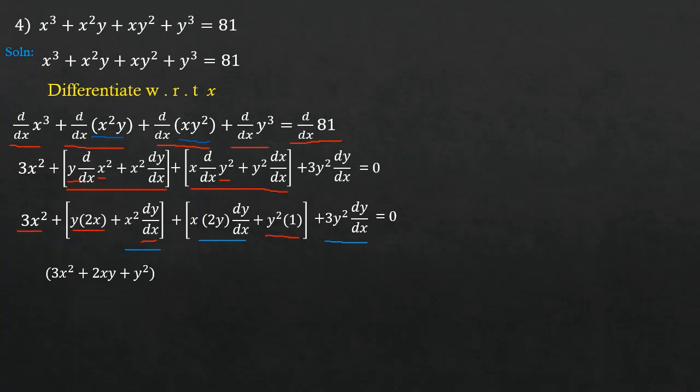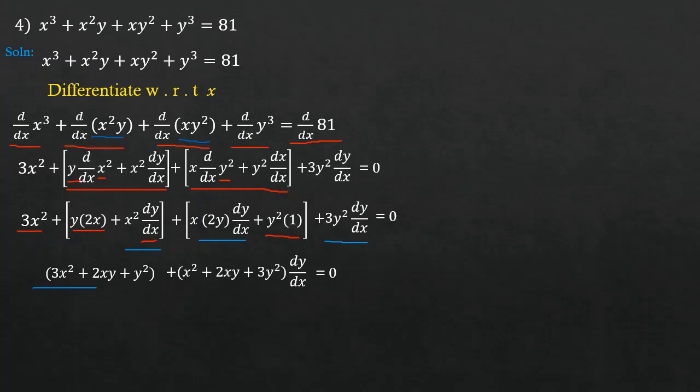These terms have dy by dx with them, so we write them together in one bracket with dy by dx common. The fewer steps you can use, the better; there is no need to increase steps without reason. So this is equal to 0.